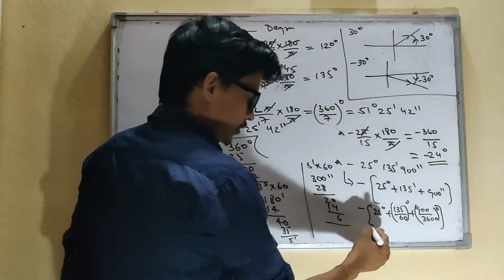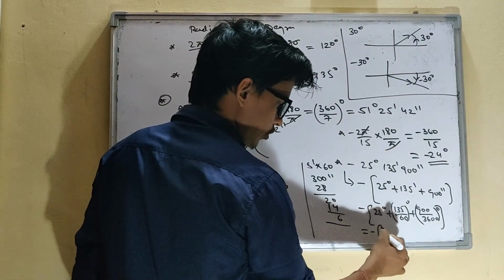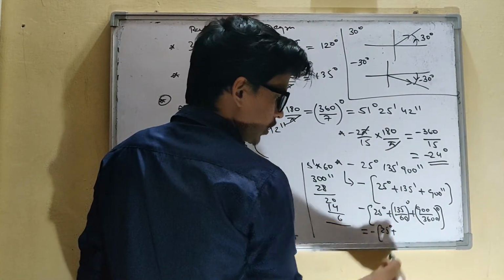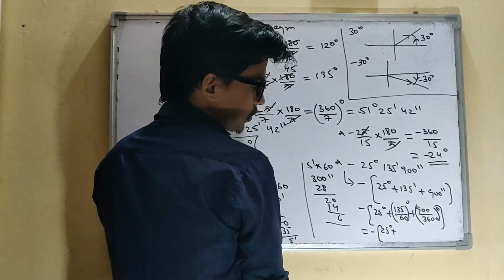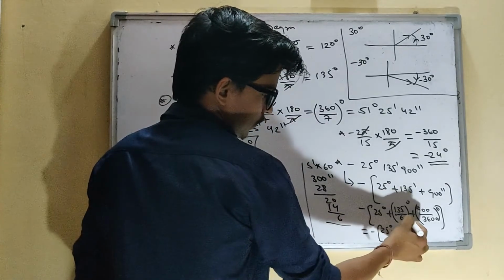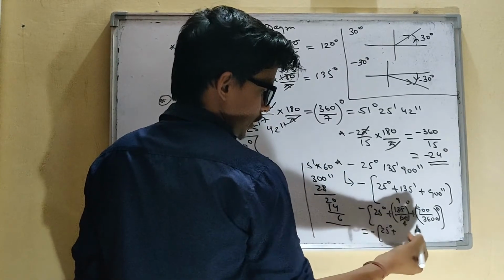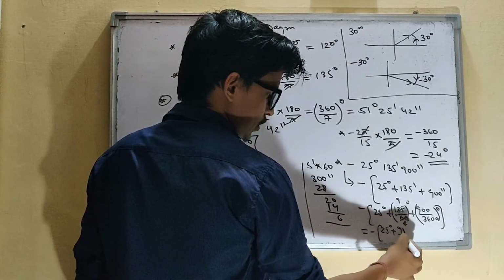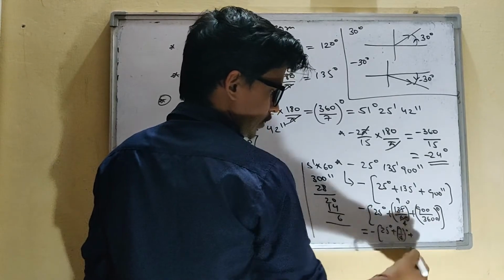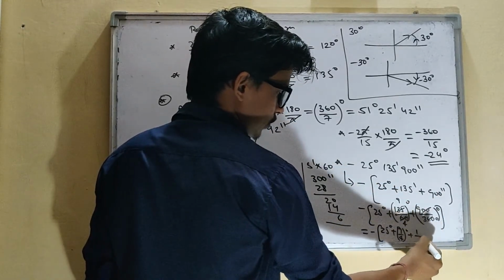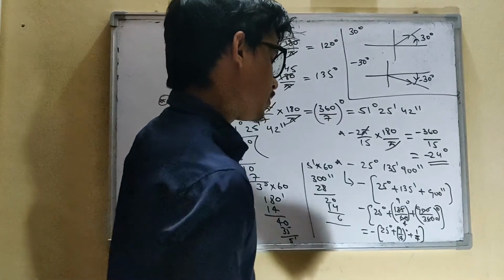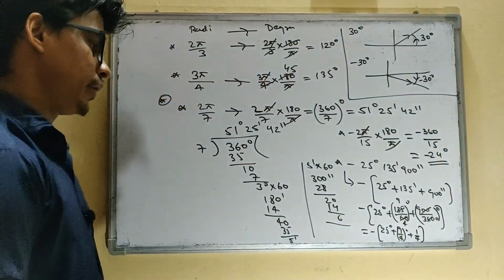So this is minus of 25 degree plus 9 by 4, which is in degree, and this is 1 upon 4, right, 900 upon 3600 is 1 upon 4.